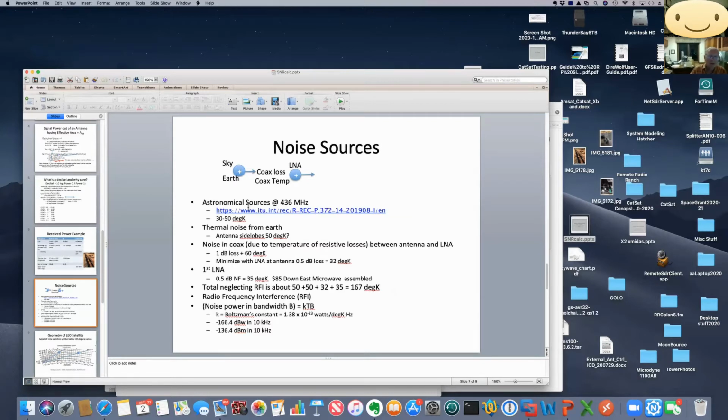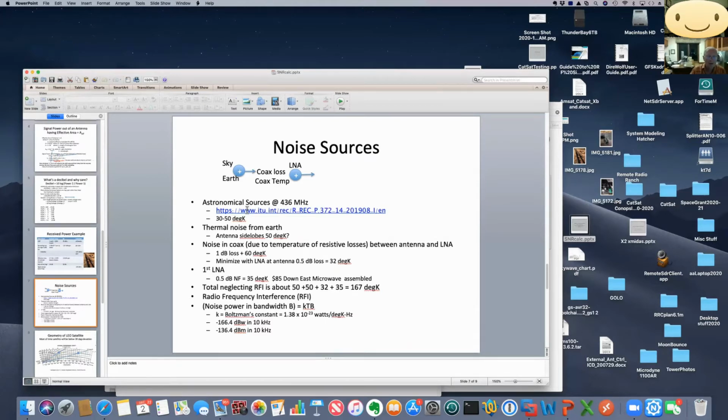Noise sources are oftentimes expressed in terms of the temperature of the source. The Earth is on average about 290 degrees Kelvin. From physics textbooks, you'll see that as the temperature increases, the amount of noise at any frequency increases linearly with temperature.